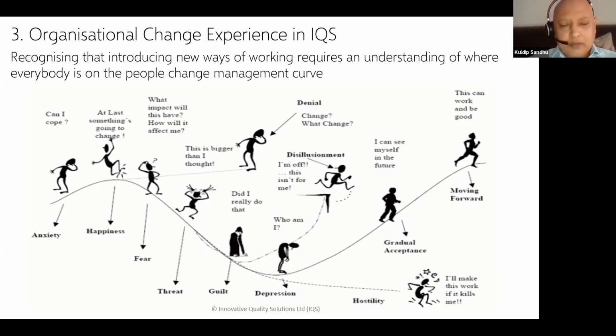But in some cases, people become fearful. They see it as a threat. It's something that's going to replace them, and they can get depressed, and you can end up in that trough of disillusionment. But there are various techniques that you can use as you go through the change to bring people out of that trough and get them bought in. And I'll talk a little bit about that.